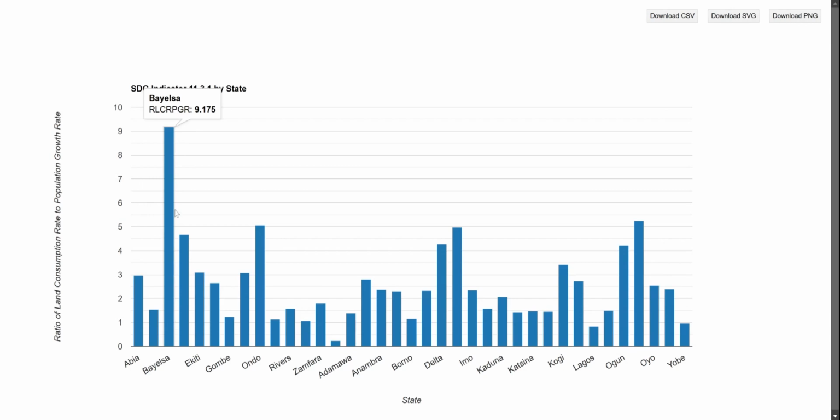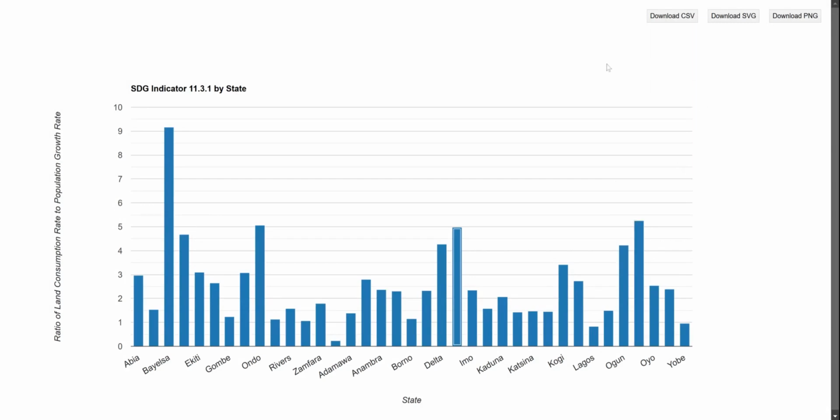So, for example, we have this state Bayelsa. I'm not sure if I pronounced it correctly. My apologies if my pronunciation is not correct. And it has got a very large rate here. And we have other states like Ondo. We have the Delta State. We have Edo. We have Osun.